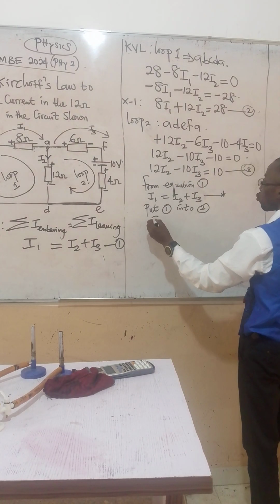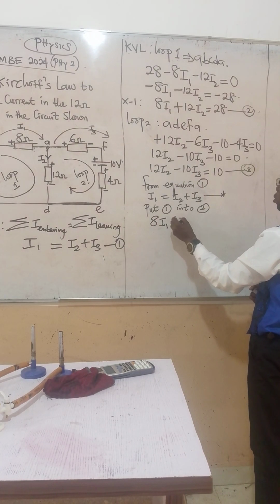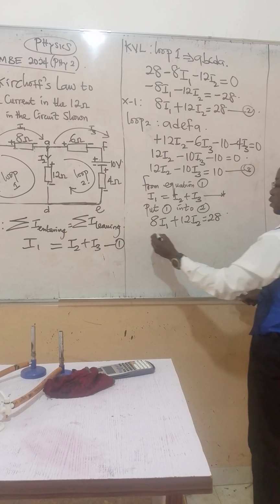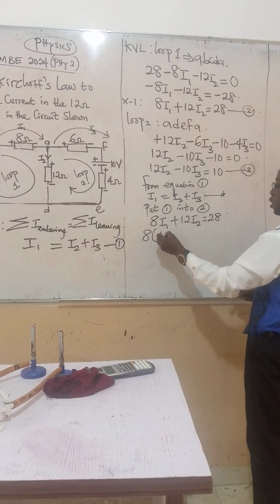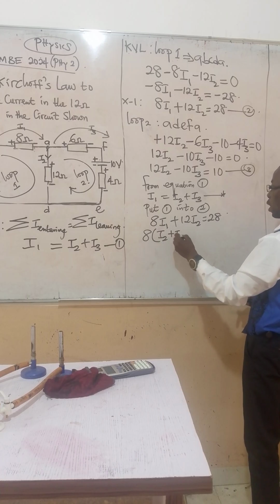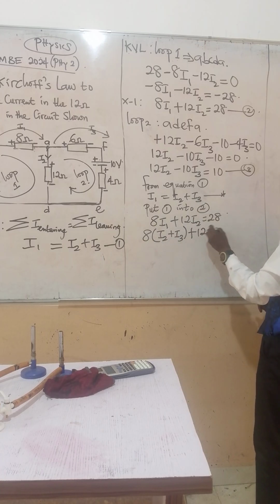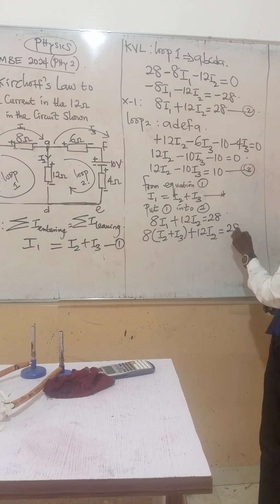So 8 times the bracket of I2 plus I3, plus 12I2 equals 28.